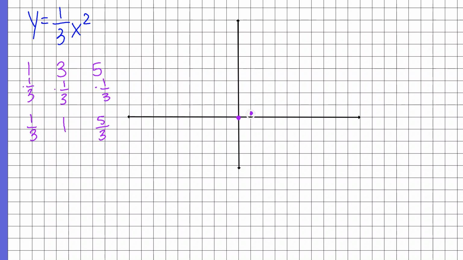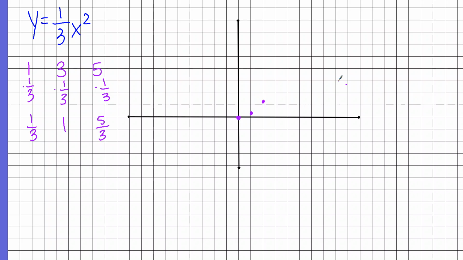You know, I'm not going to have an exact point there. So that's not going to be that helpful because I don't really know exactly where my points are going to be. Going up from here 1, so I guess like 1 1/3. It's doable, but if you need very precise points, this is not the best way to do it. And you should probably just take some values, plug them into the equation, and find some points that way.